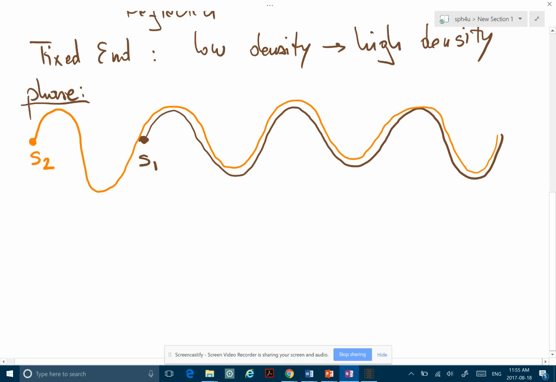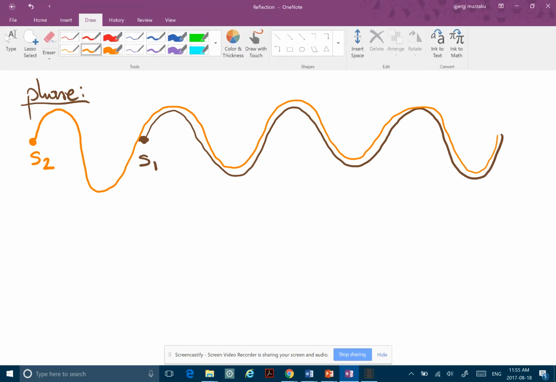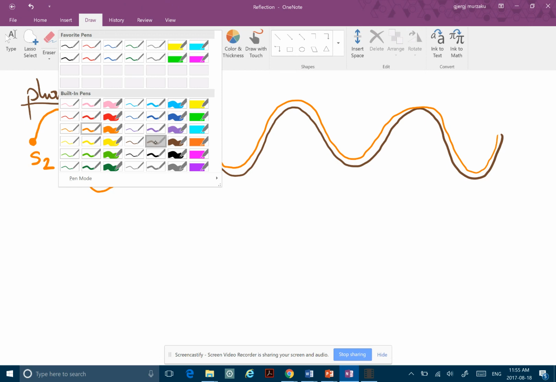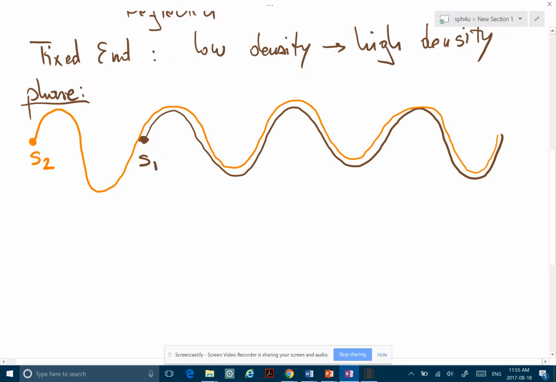This is source number two. So as you can see, in the space where they are traveling together, they look exactly the same. When you see two waves that match each other, you cannot even tell them apart, it means that they are in phase with each other. All right. So remember what I said, that we're going to talk about phase shift in terms of distance between the two sources.